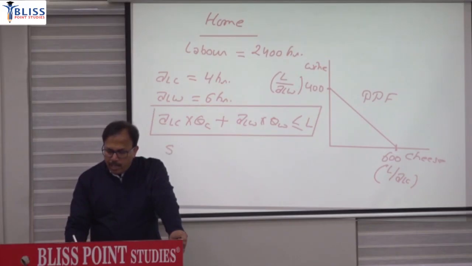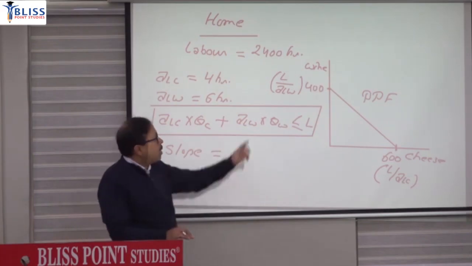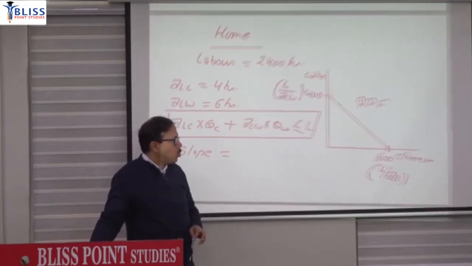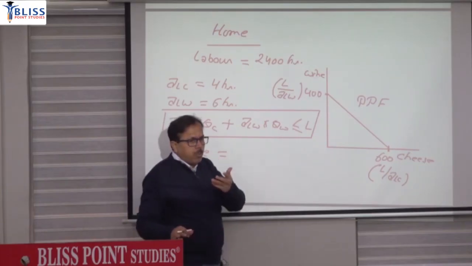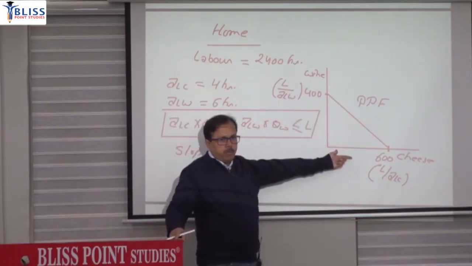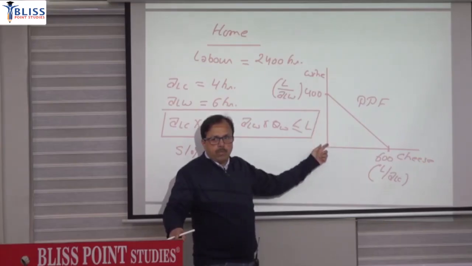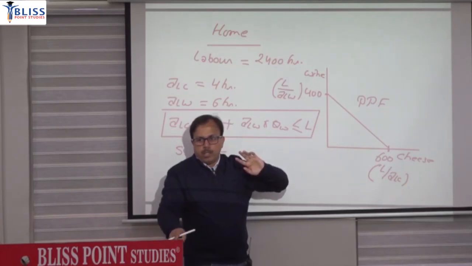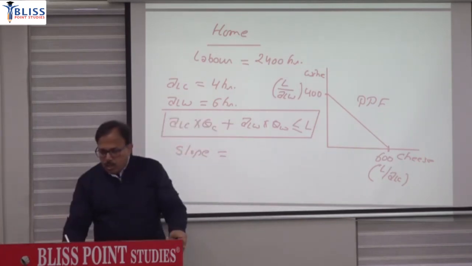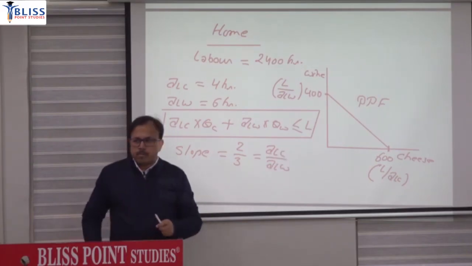And can you tell me what is the slope of this line? अगर मैंने ये लाइन ड्रॉ कर रखा है तो स्लोप बता सकते हो? What is slope of this line? सिंपल है, स्लोप निकालने के लिए ज्योमेट्रिकली बताओगे तो परपेंडिकुलर बाय बेस कर लो. परपेंडिकुलर 400, बेस 400 by 600 means 2/3. और अगर स्लोप 2/3 आ रहा है तो कैन इट बी रिटन एज ALC अपॉन ALW? दैट इज ऑल्सो 2/3.